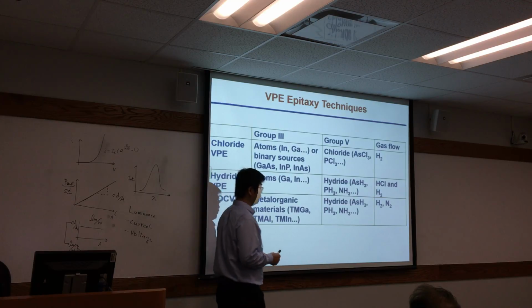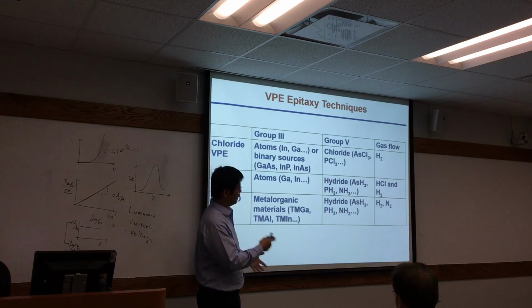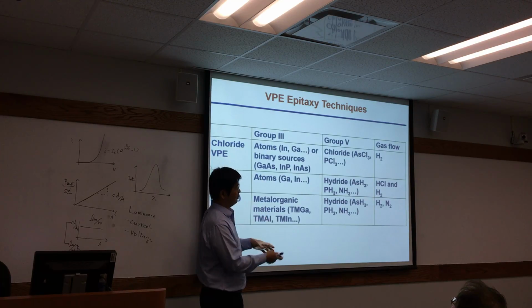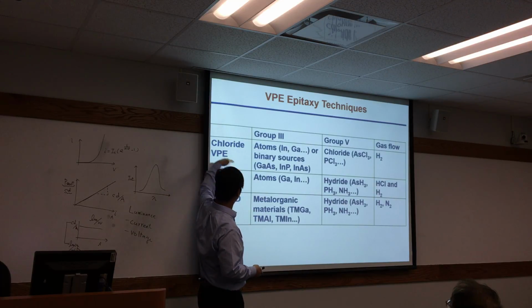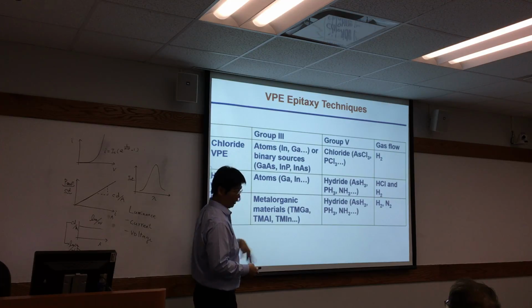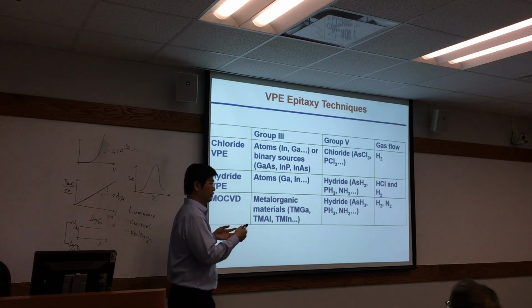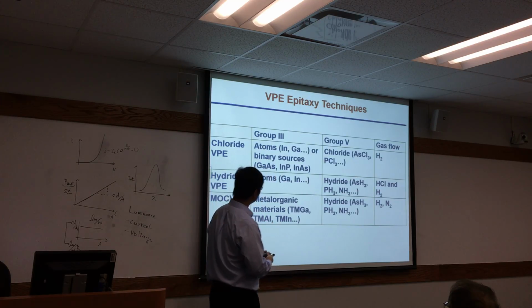For the vapor phase epitaxy, because that's the 3-5 compound semiconductor, we have different material sources, and we can separate into, for example, chloride VPE or hydride VPE, and right now we use MOCVD. So the main concept is similar, but the difference is the source we use.